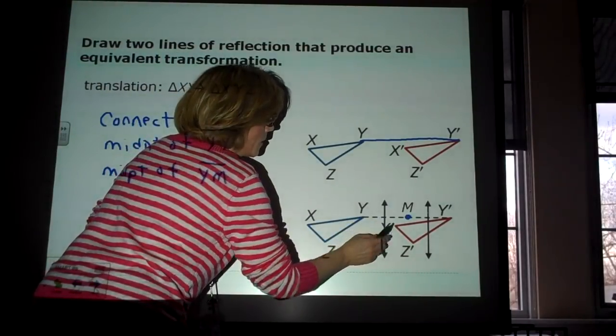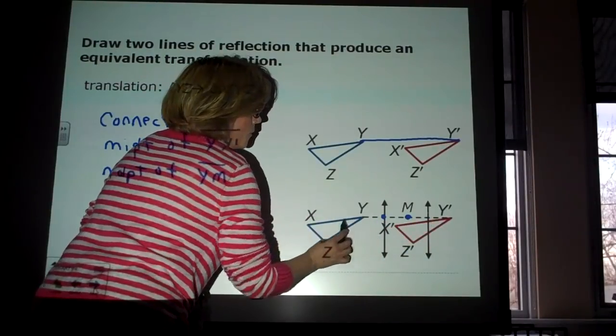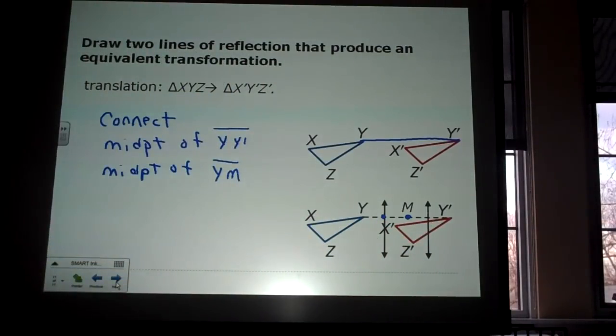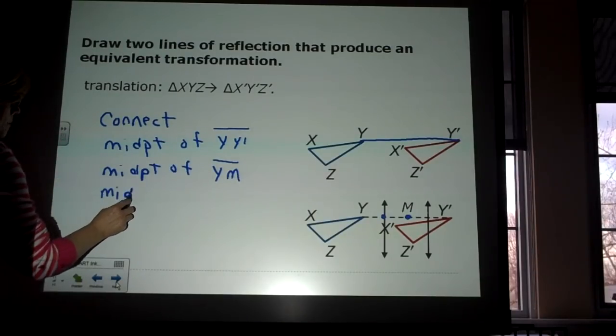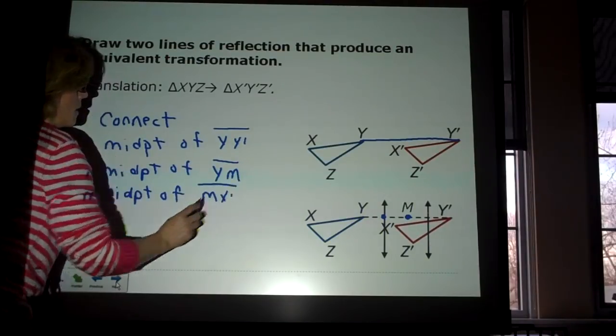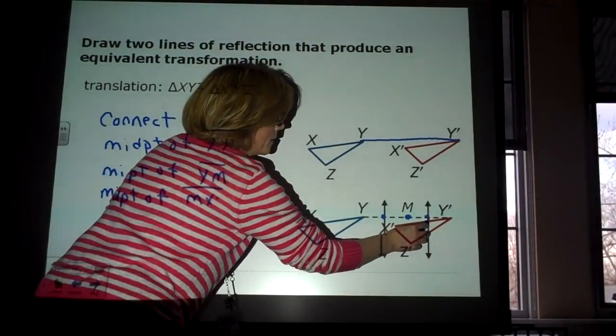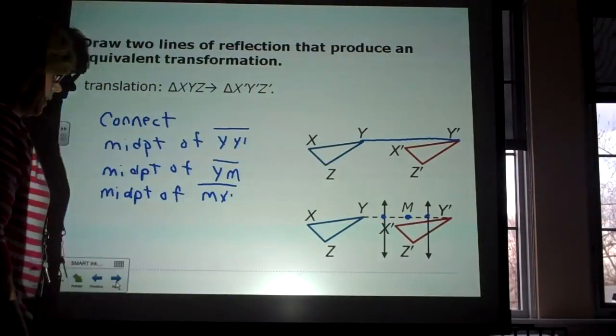That's what this point right here is. Draw a line perpendicular to the first line, and there's your first parallel line. Then I've got to take the midpoint of MY', and I get this point, and I draw my second parallel line.